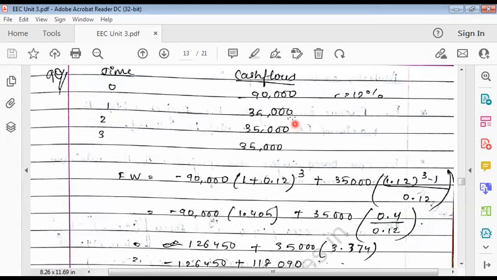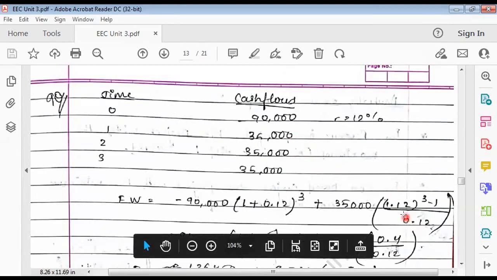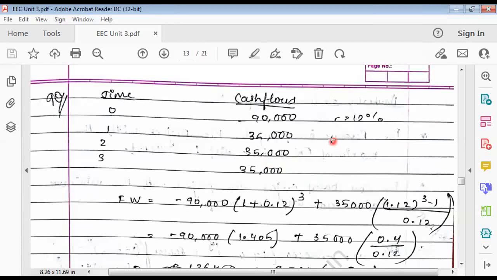Suppose you do not know the second formula, what would you have done? You would have done minus 90,000 plus 1 plus 12% whole to the power 3, plus 35,000 whole into 1 plus 12% whole square, plus 35,000 whole into 1 plus 12% whole to the power 1, plus 35,000. Last one would have been as it is.